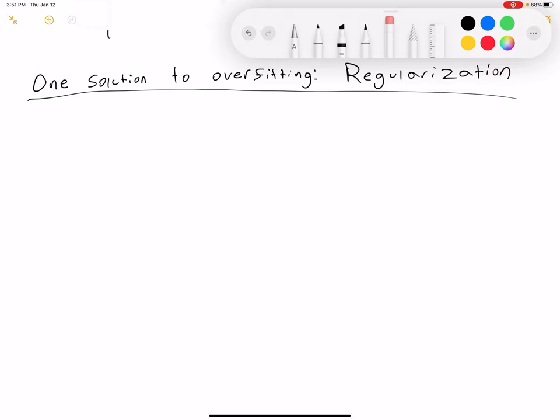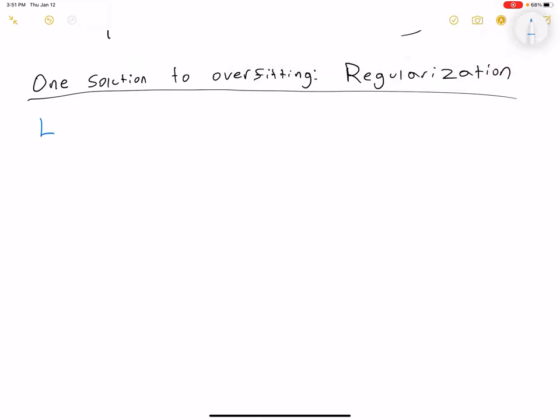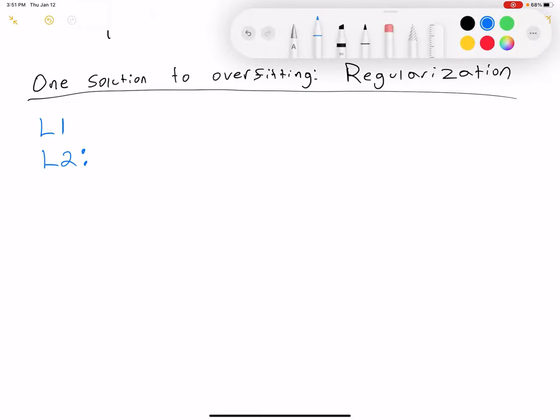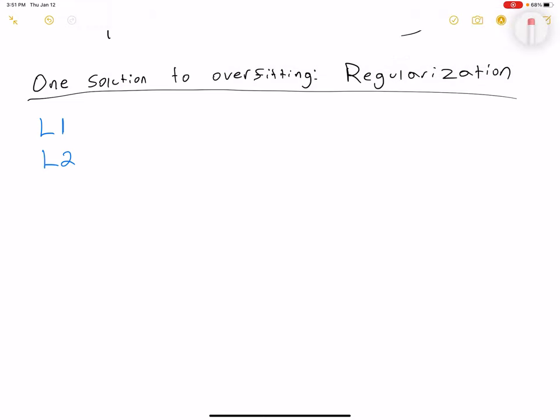Let's define it, and then we'll go through an example. There are two types of popular regularization methods, L1 and L2 regularization. Going back to the vocab, I apologize.